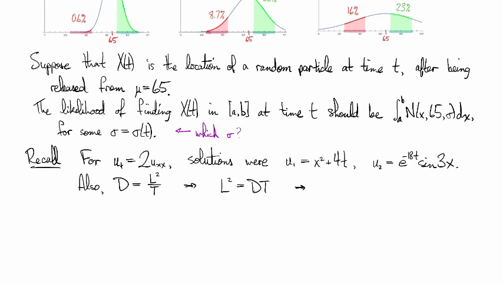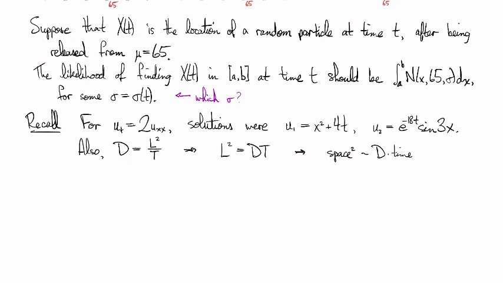Or, in other words, that space units squared are proportional to some constant, let's just call it D because it is, times time. So putting that together, we conclude that sigma squared over 2 should behave like D times time. Or in other words, sigma should be the square root of 2Dt.